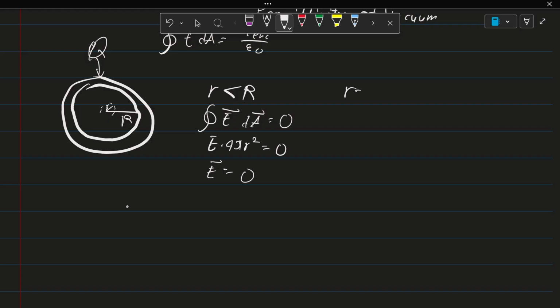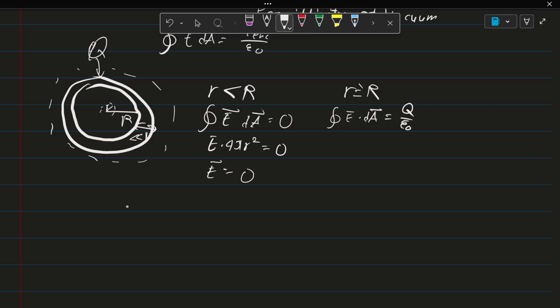What about if r equals R? Well, if we do the same integral, in fact, let's do greater than or equal. So this will be E vector dot dA vector, and this will equal Q over epsilon 0. Q is what is enclosed by this surface. This distance from here to here will be very small.